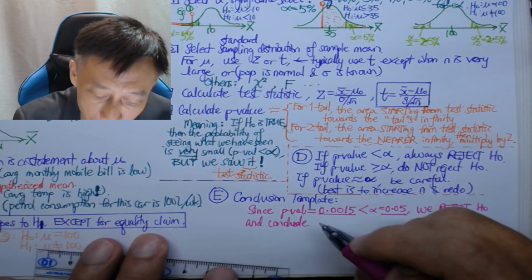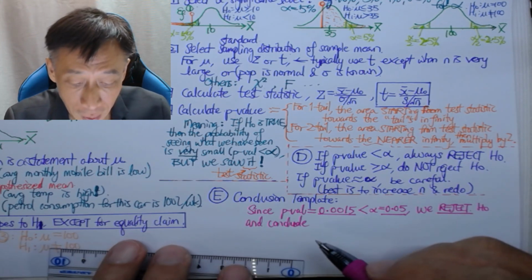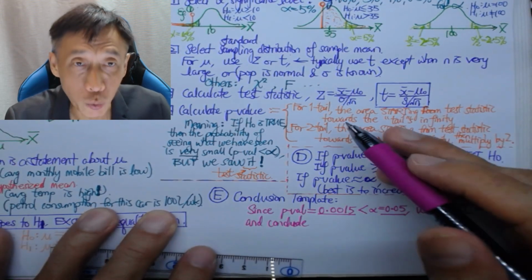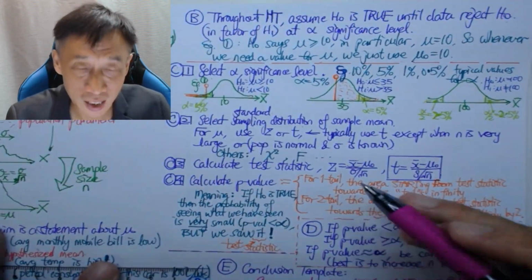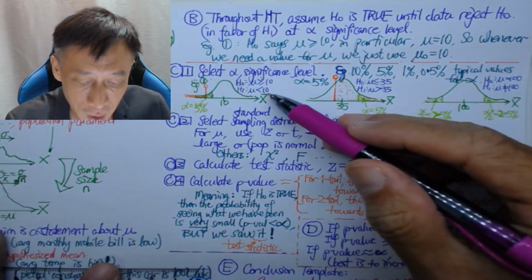If you have rejected H naught, you want to conclude about H1, but you want to say that statement without using Greek. You say that statement in English. Suppose we are talking about the first example.